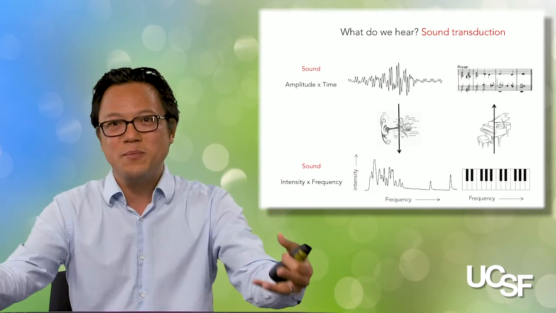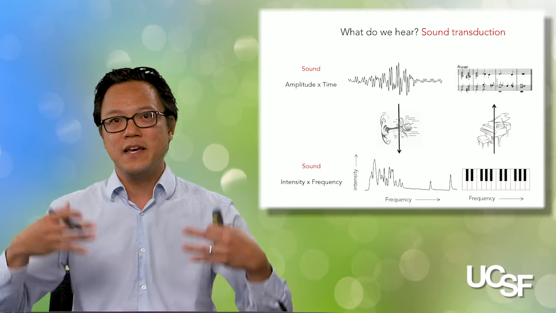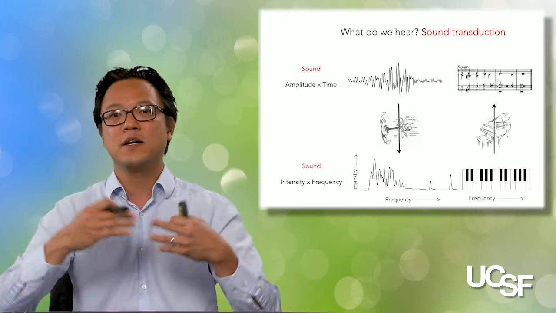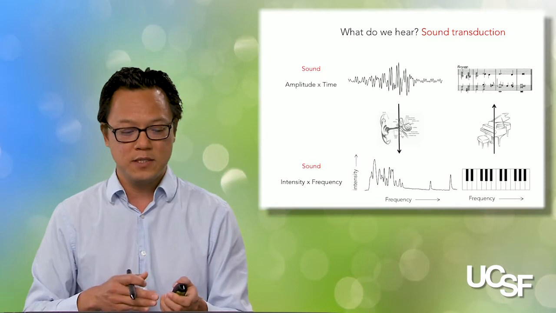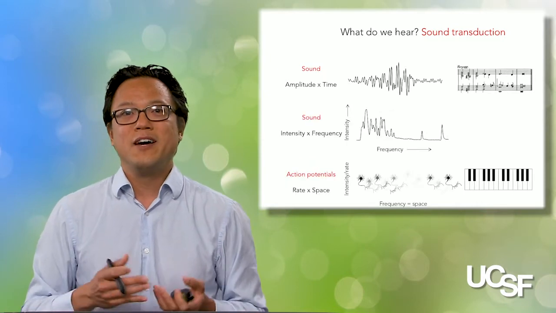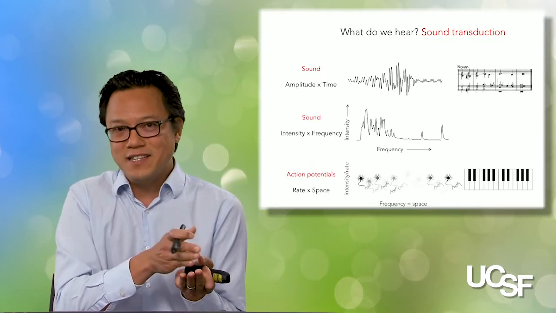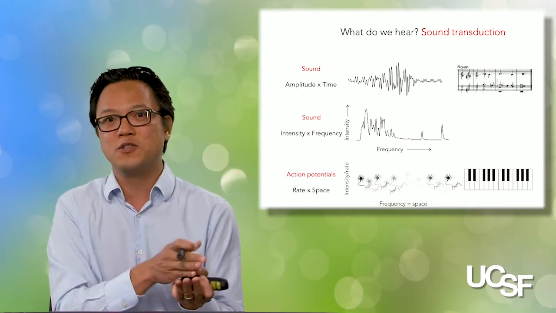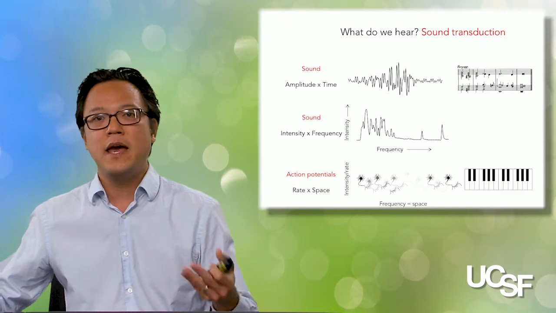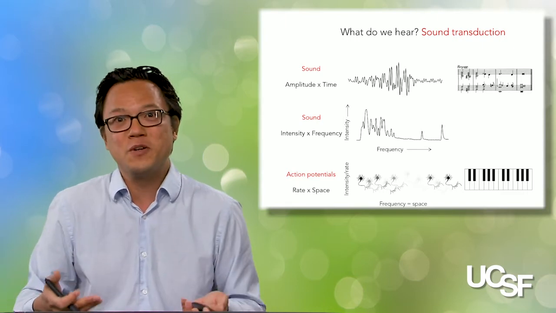What the ear does is the complete opposite of that. It takes a complex sound and deconstructs it into a series of frequencies at different intensities. Now, it turns out a series of intensities at different frequencies is very analogous to a series of rates distributed over space. And that is fundamentally the trick that the ear does.